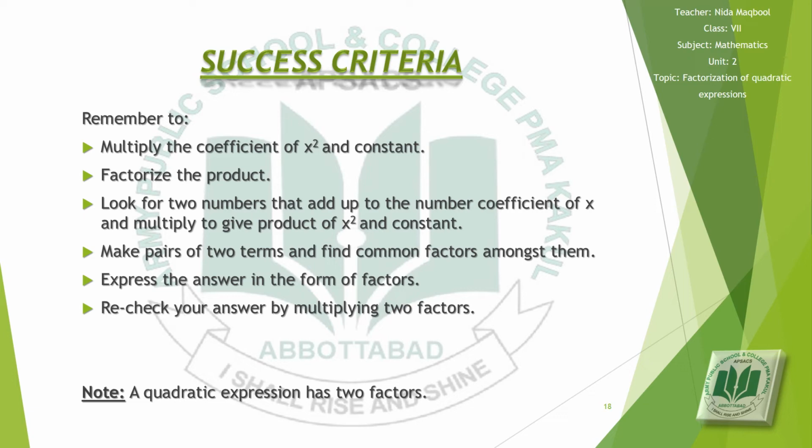Make pairs of two terms and find the common factor amongst them. Express the answer in the form of factors. It is a good practice to recheck your answer by multiplying the two factors to get the original quadratic expression. Also remember that any quadratic expression has only two linear expressions as its factors.